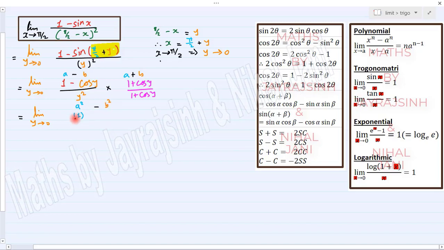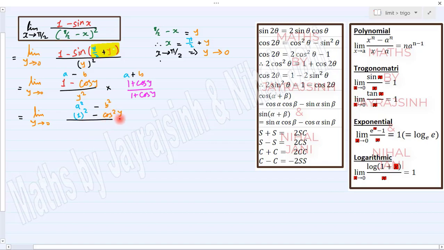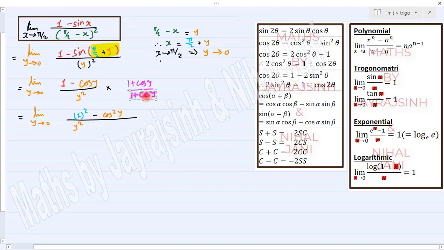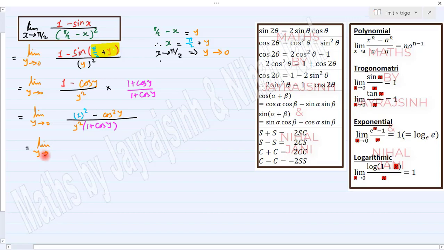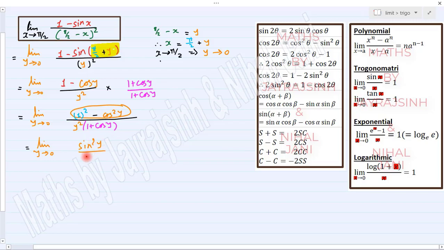So we will get (1 square minus cos square y) whole divided by y square, and this 1 plus cos y. Limit y tends to 0. This 1 minus cos square y will become sin square y, and we already have y square, and 1 upon 1 plus cos y.